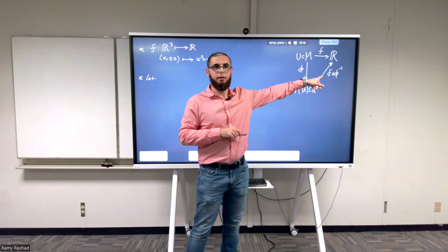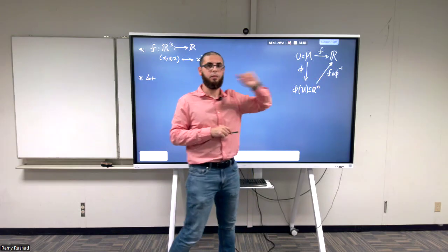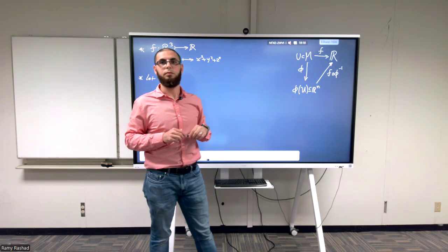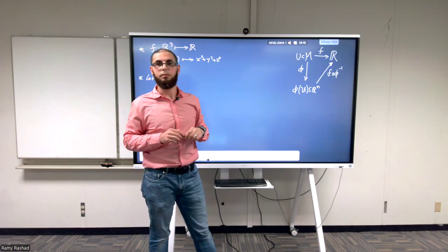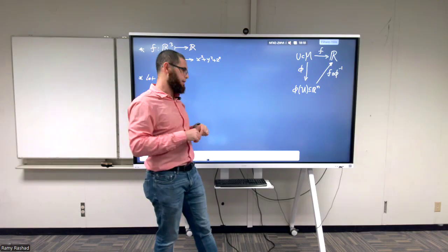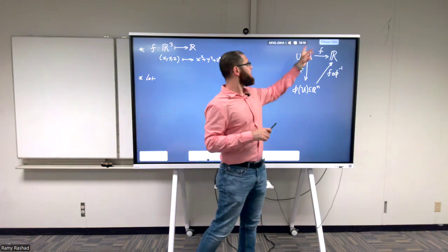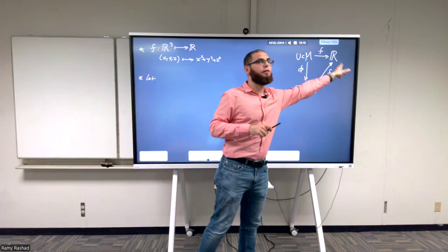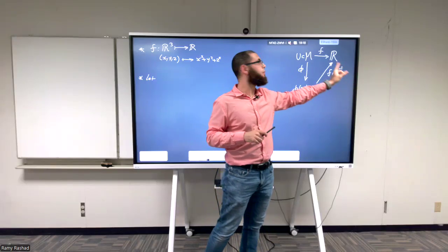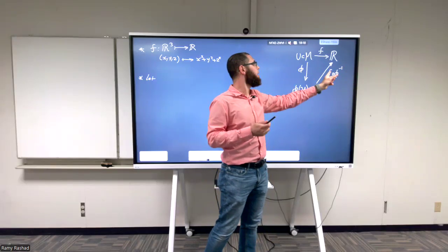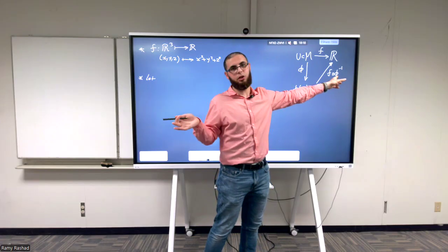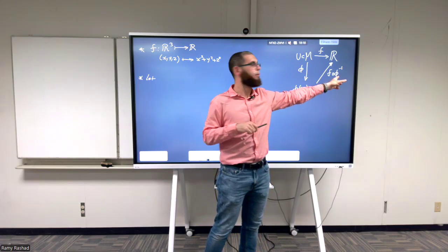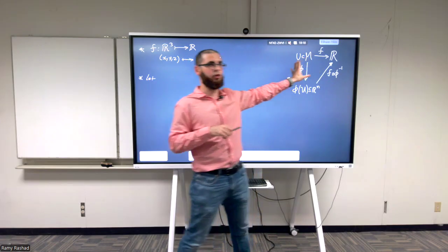The differentiability of f comes from the differentiability of this map. So if you want to say that f is differentiable, prove that this is differentiable in all charts. This is how it works. We're going to have an example when we're talking about this.